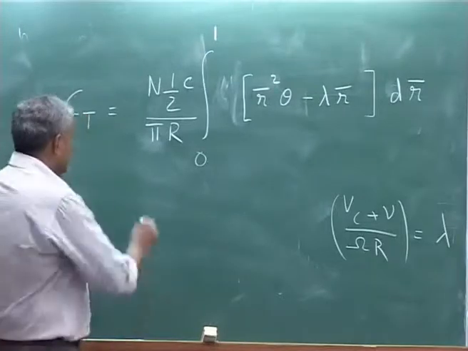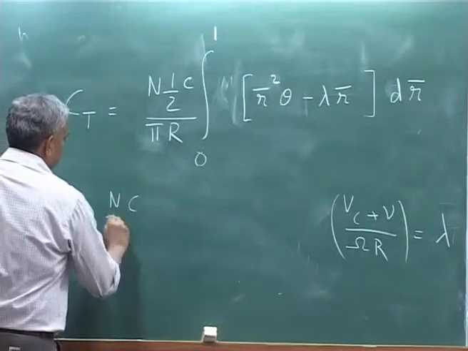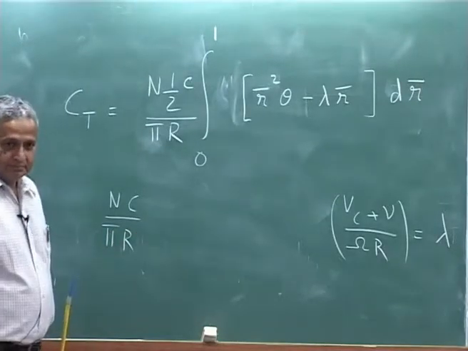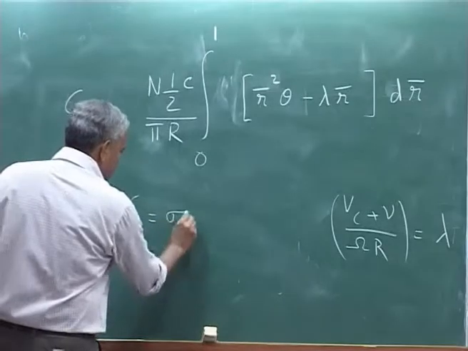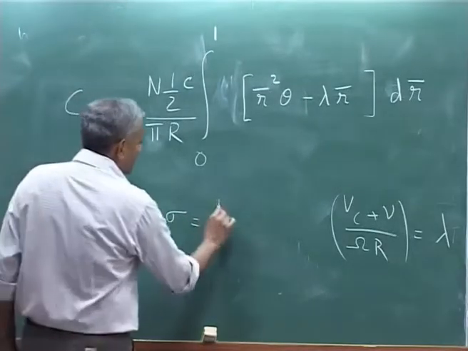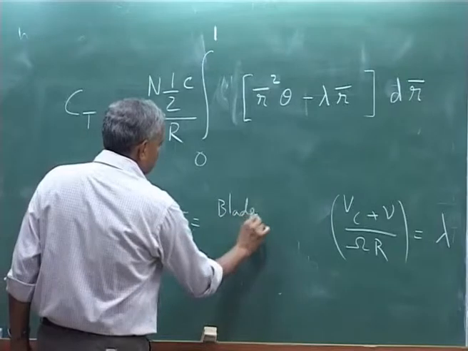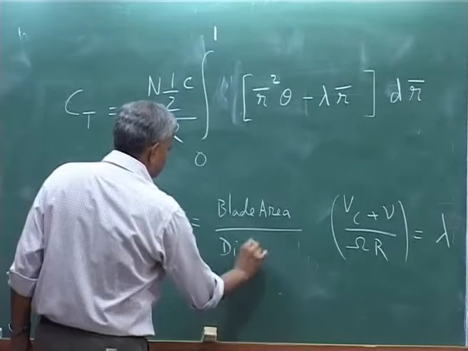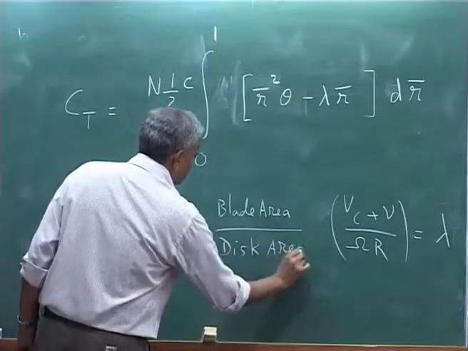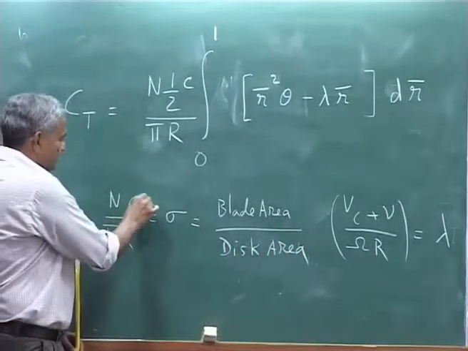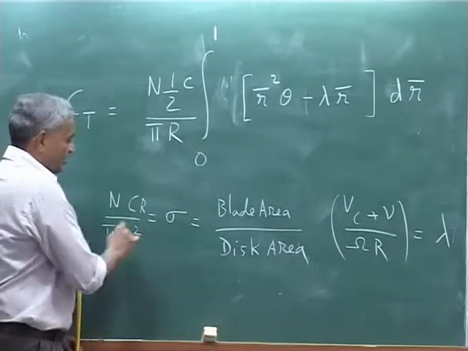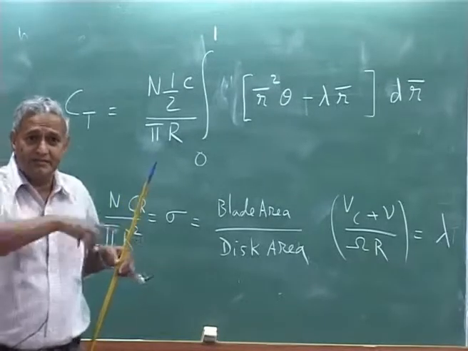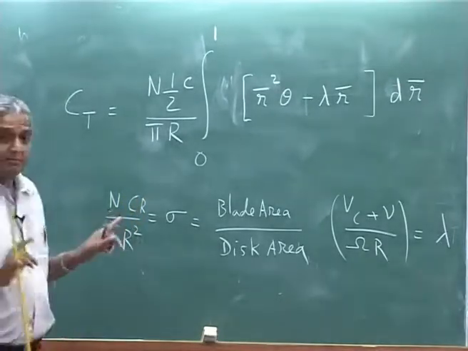Now, this quantity I am going to call as sigma, which is essentially blade area over disc area, because if I multiply R and R square, cR is chord into span, that is the blade area, N is number of blades.